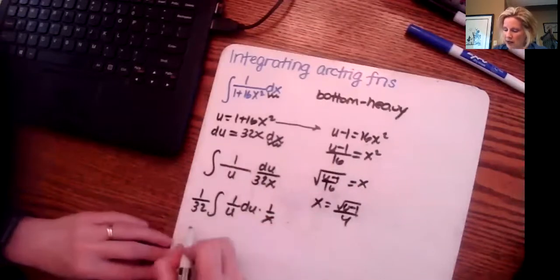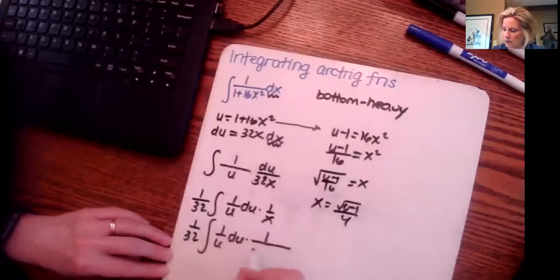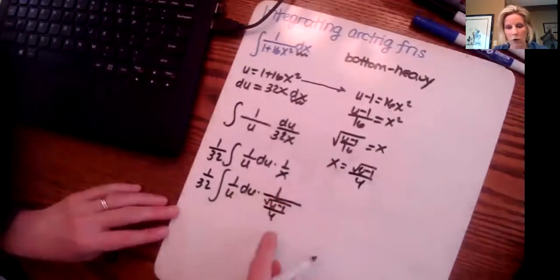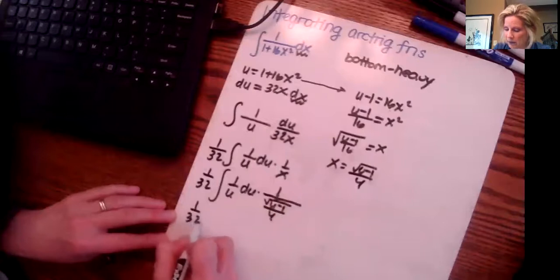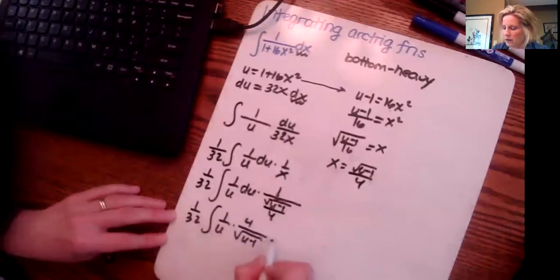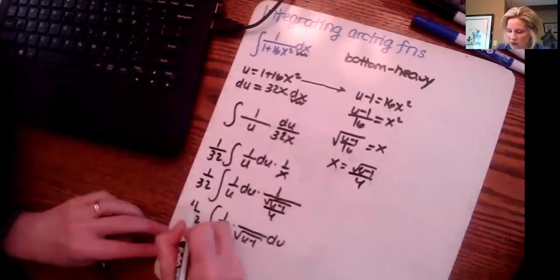So then if I try to put that in here, oh, I know. 1 over means flip. So if I flip this, it's going to give me 4 over the square root of u minus 1. So I can bring the 4 out.